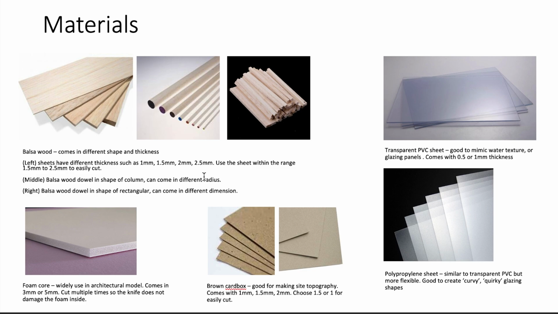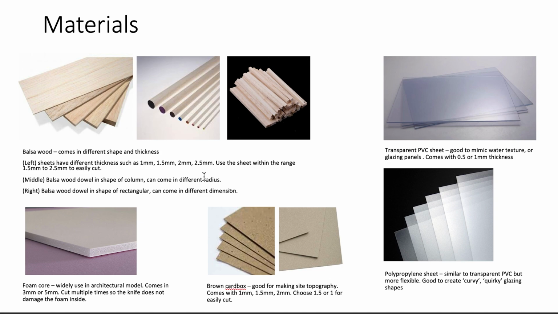One thing I've found is that the 1 millimeter balsa wood sheet is sometimes too crisp and breaks apart while you're cutting it, and the 3 millimeter is very tough and hard to cut. It also comes as balsa wood dowel.